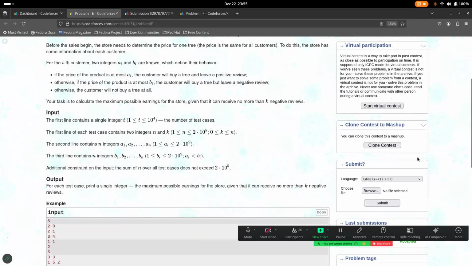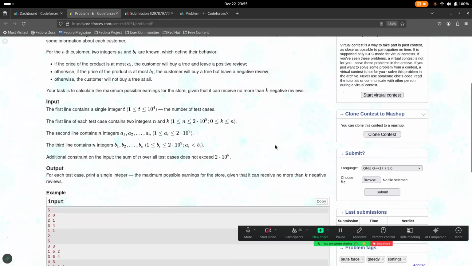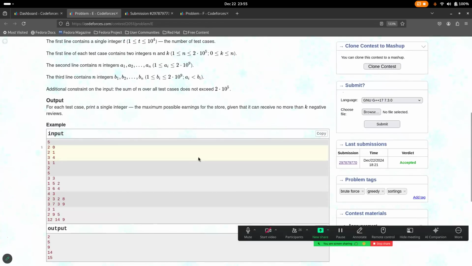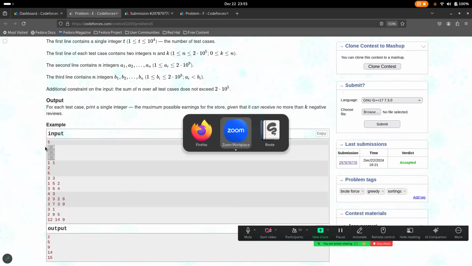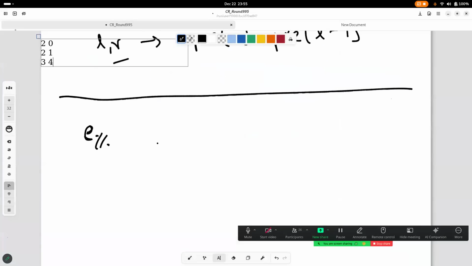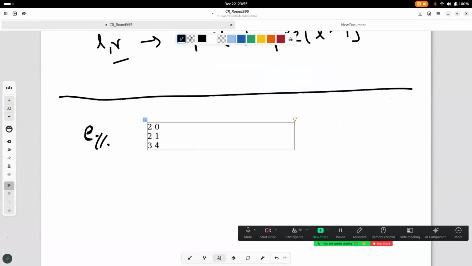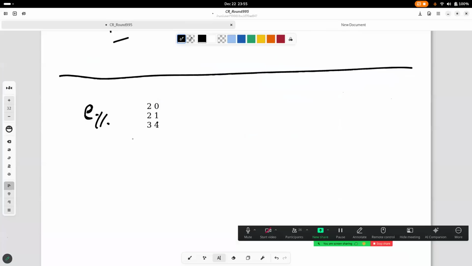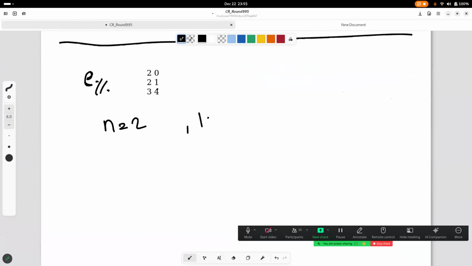Well, okay, first let's discuss what we are actually doing over here. And first let's go through one of these test cases. So if you consider the first test case, over here we had n equal to 2, so you have two customers, and the max negative rating that you can get is 0, so you can't have any negative rating.